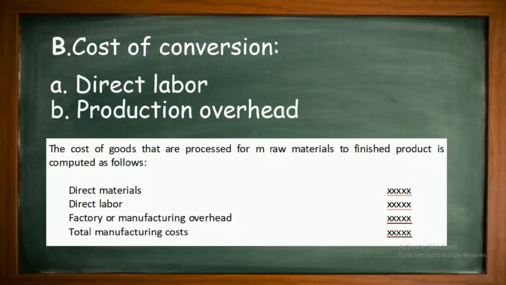The product cost of a manufacturing business is composed of material, labor, and overhead. To convert raw materials into finished goods, you incur conversion cost, which is composed of direct labor and overhead.